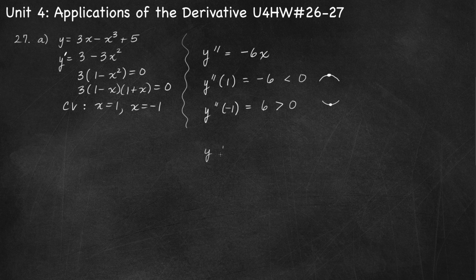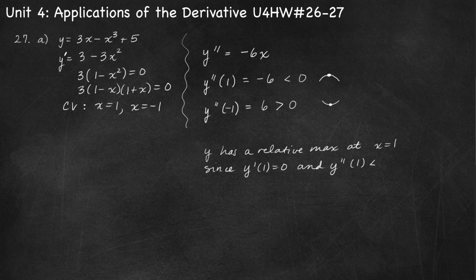Okay, so y has a relative max at x equals 1 since y prime of 1 equals 0 and y double prime of 1 is less than 0. And that's all we have to do for justification.